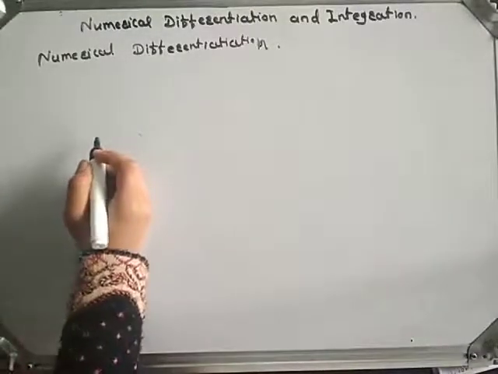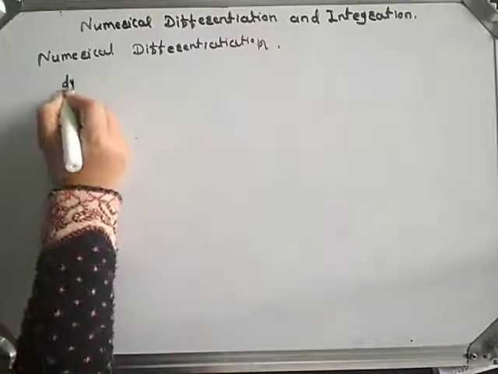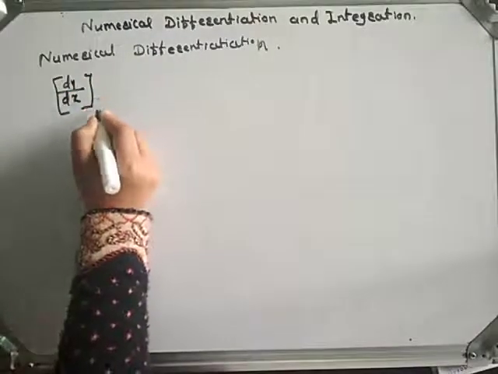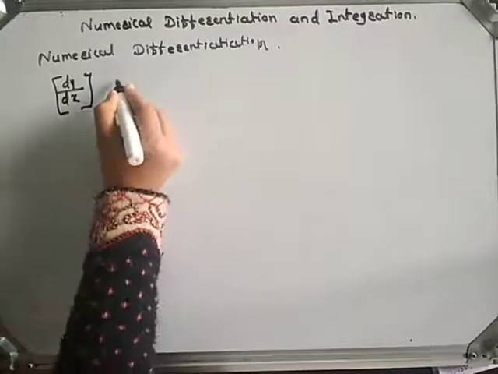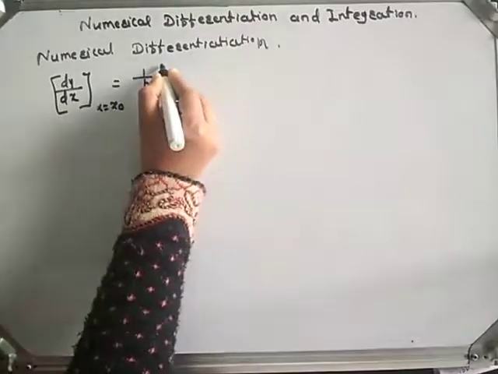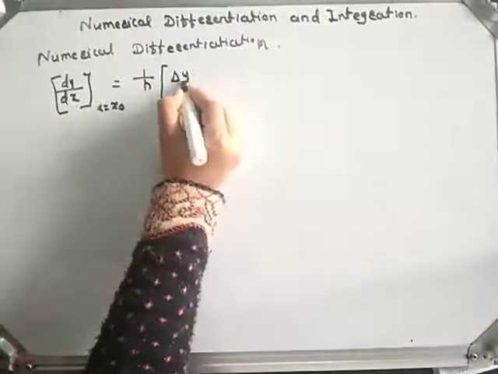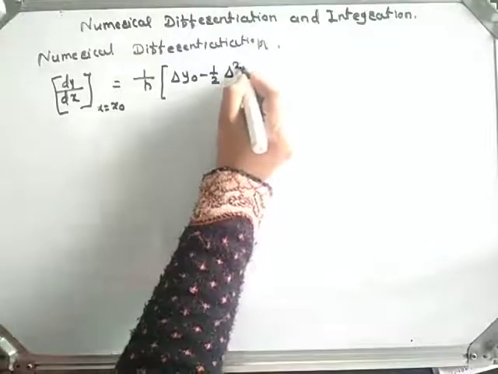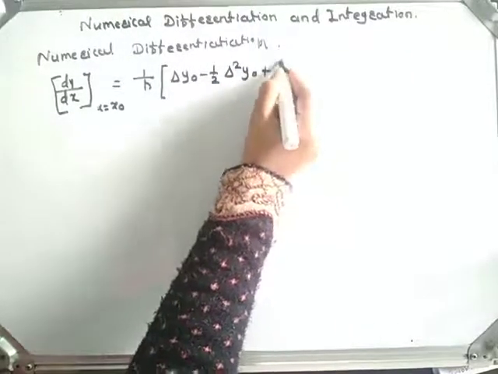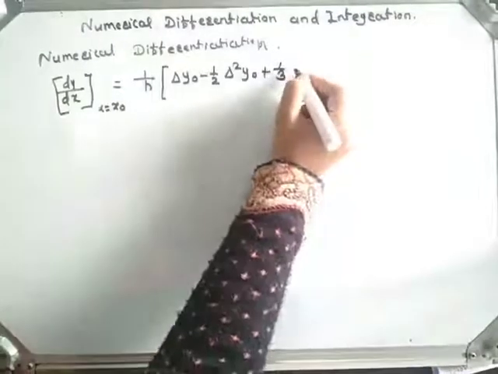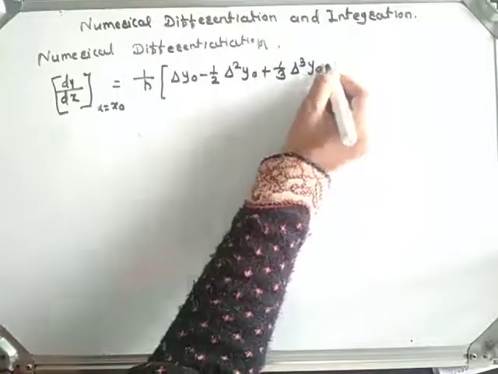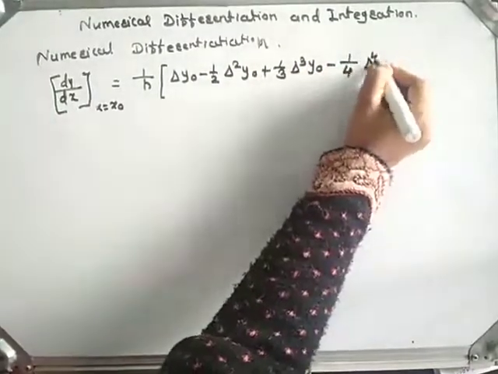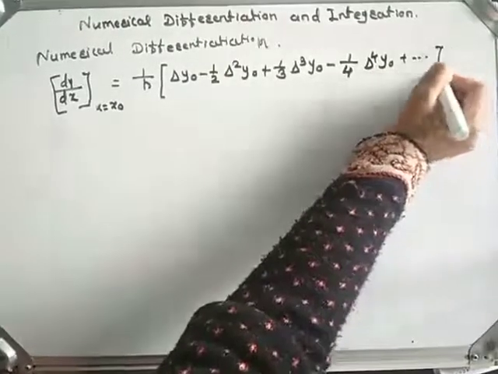The formula for numerical differentiation is dy by dx at x equals x0, which equals 1 by h in brackets, delta y0 minus 1 by 2 delta square y0 plus 1 by 3 delta cube y0 minus 1 by 4 delta raised to 4 y0 plus and so on.